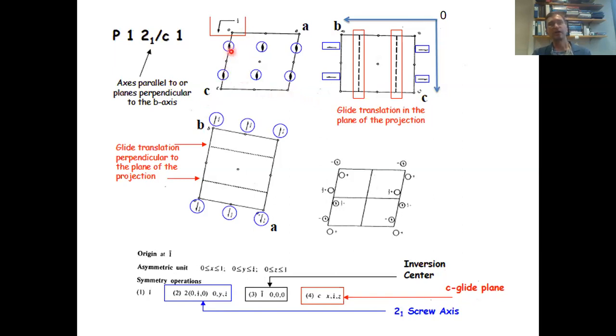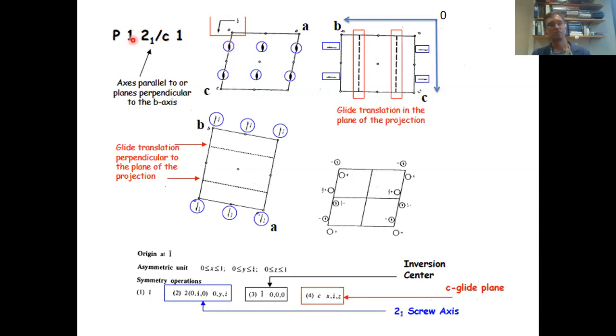Now we see here in the different unit cells the symmetry elements. So here you see actually the 2-1 screw axis. Remember the symbol for the 2-1 screw axis at the position where it runs.